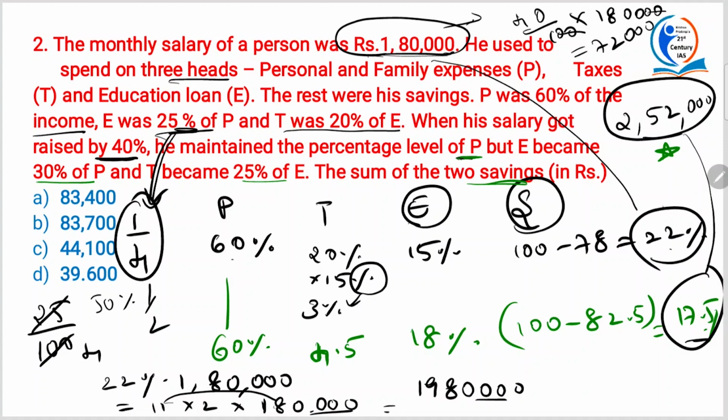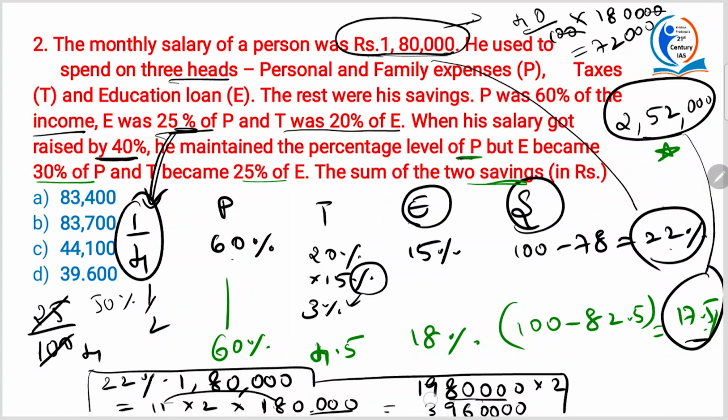These 4 zeros will come. Okay, into 2. Into 2 is how much? It is 200 minus 2, no? So 400 minus 4 it will become. So 396, 1, 2, 3, 4. So 22% of 1,80,000 is 396,00,00, and then divide by 100. These 2 zeros, this 2 percentage, no? So it will be 396,000.